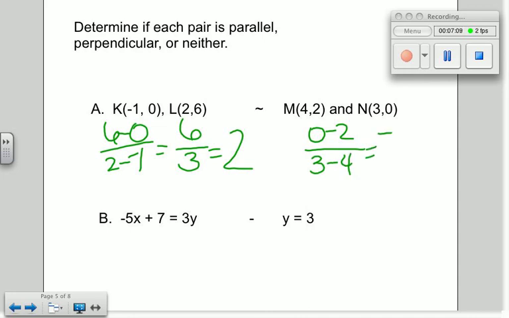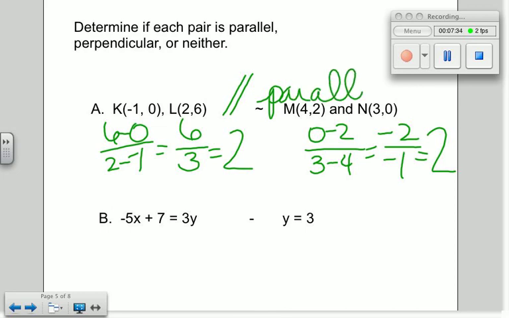We get negative 2 over negative 1, and when you have a negative over a negative, they cancel each other. So 2. Compare the two slopes. 2 is the same as 2, so these two sets of points are going to be parallel. You can write the symbol if you're lazy, or you can spell out the word parallel.